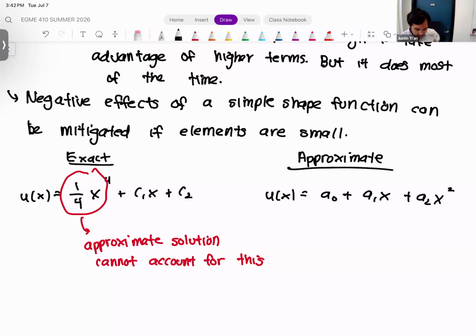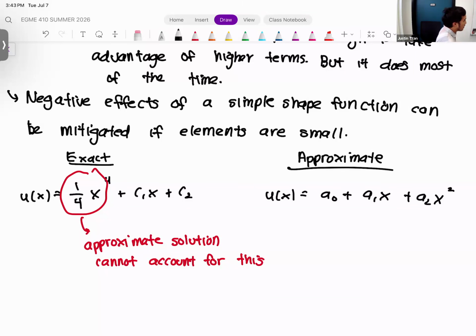But one aspect of solution accuracy has to do with the fact that your approximate solution has to have terms that are at least similar to what you expect in the exact solution.